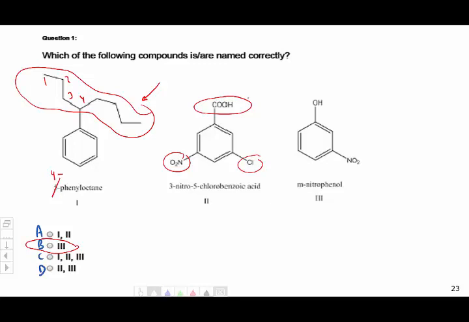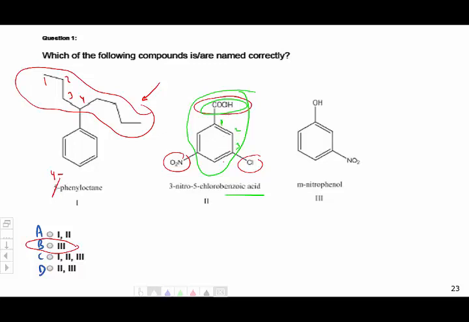We know that COOH on a benzene ring has a parent name, which is benzoic acid, so that part is right. Now I have chloro and nitro. Now I have to go numbering clockwise or counterclockwise and give the substituents the lowest numbers possible. Since benzoic acid is part of the name, this is number 1.